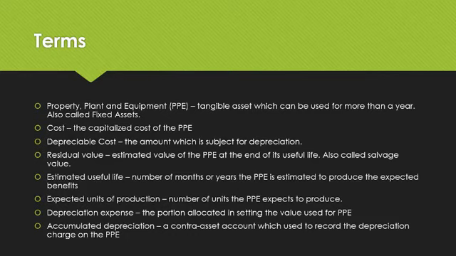Estimated useful life is the number of months or years the PPE is estimated to produce the expected benefits. Expected units of production is the number of units the PPE expects to produce. Depreciation expense is the portion allocated in using up the value of the PPE. Accumulated depreciation is a contra asset account, which is used to record the depreciation charge on the PPE.